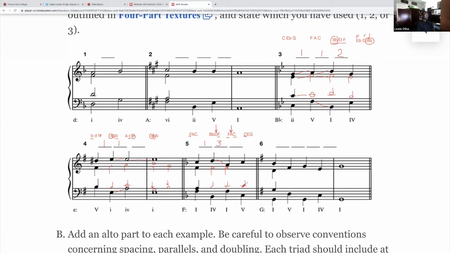Why not? Because without a third, you cannot determine if it's major or minor. Correct. So we have to omit the fifth, and we can do way number 1 there. But I think there's a stronger case for something else.